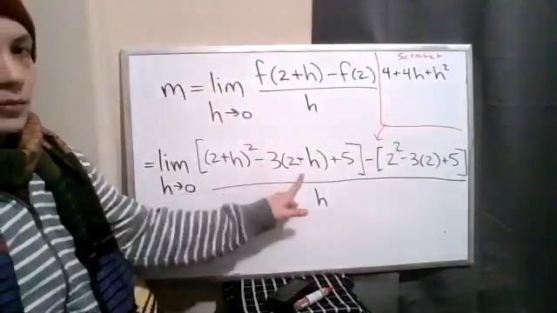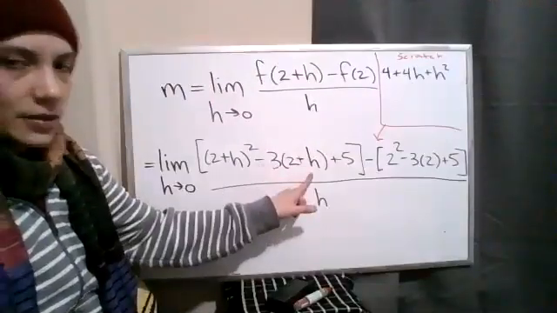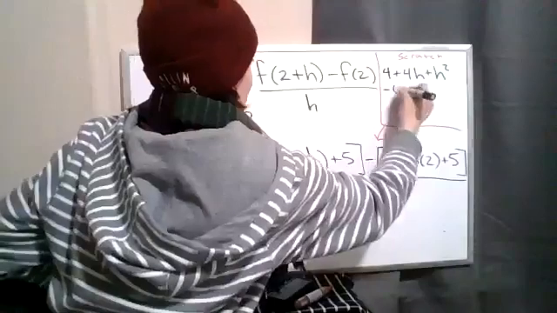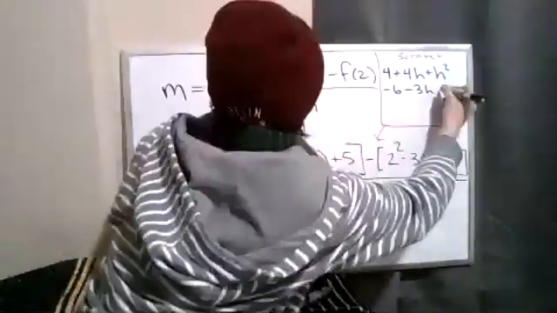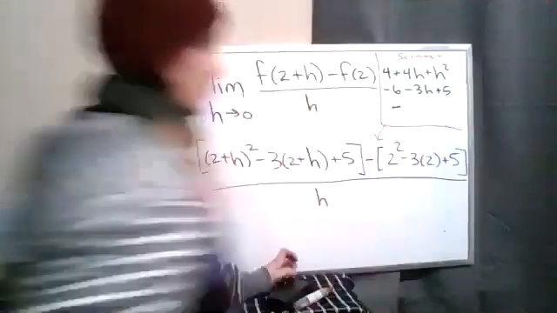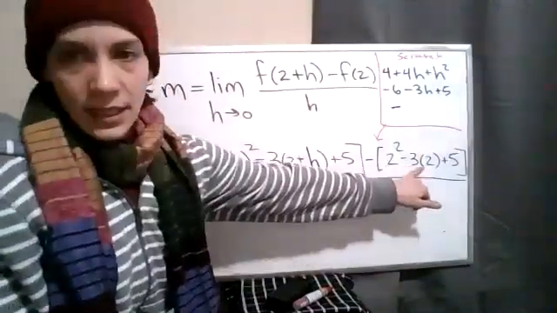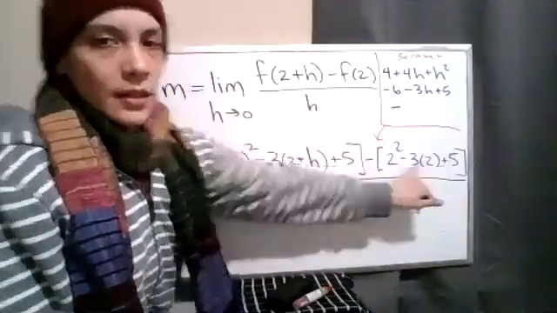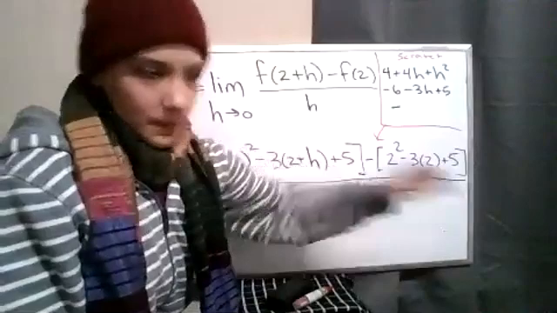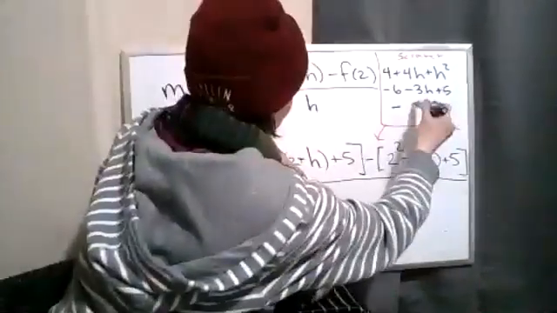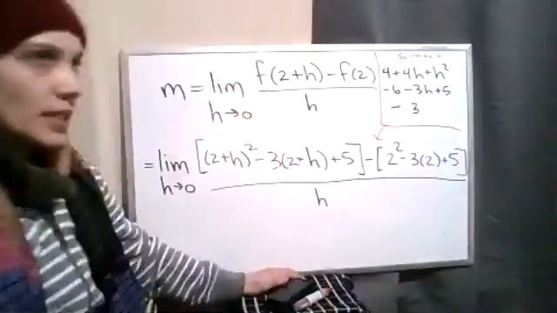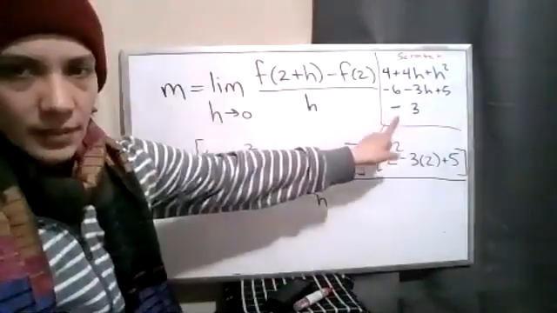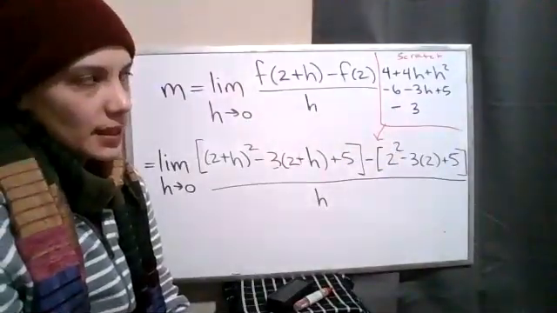Minus 6 minus 3h. Add 5 and then minus. This would be 4 minus 6 plus 5. So we've got 3. 4 minus 6, negative 2. So it will be a minus 3. Just checking my sign. I think we're good to go.